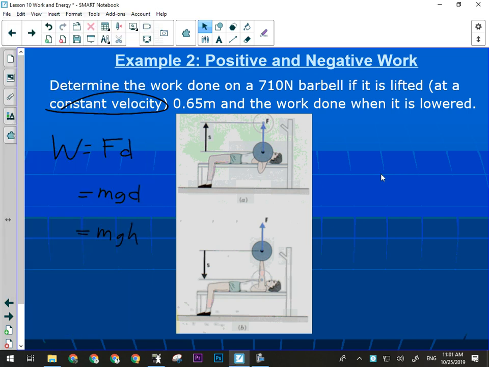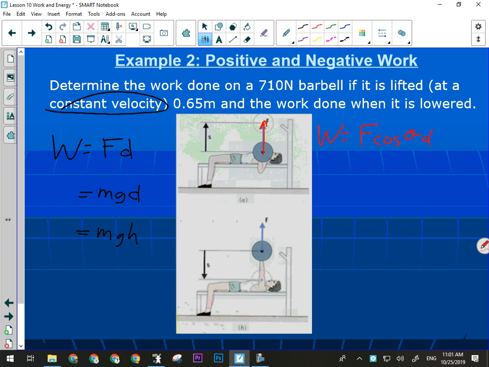Okay, so we said we did work as force times distance, but if we really look at it from a vector perspective, I went F cos theta times d. But theta was 0, because my force and my direction were in the same direction. What's the cos of 0? 1.